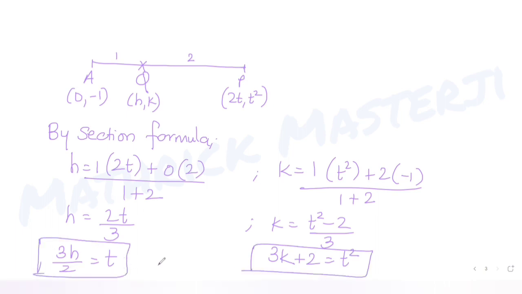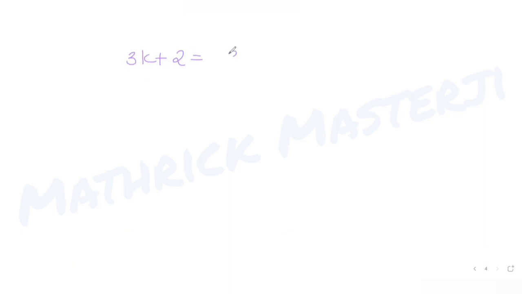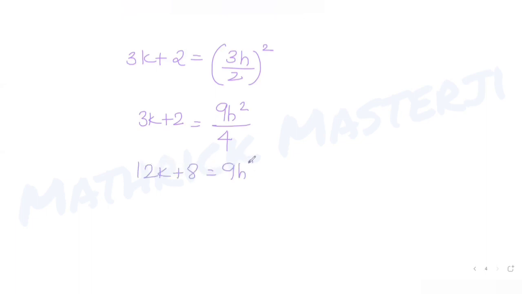Now let's put t as 3h by 2 here. So 3k plus 2 equals (3h divided by 2) the whole squared, which is 9h squared divided by 4. Multiplying both sides by 4 gives 12k plus 8 equals 9h squared.